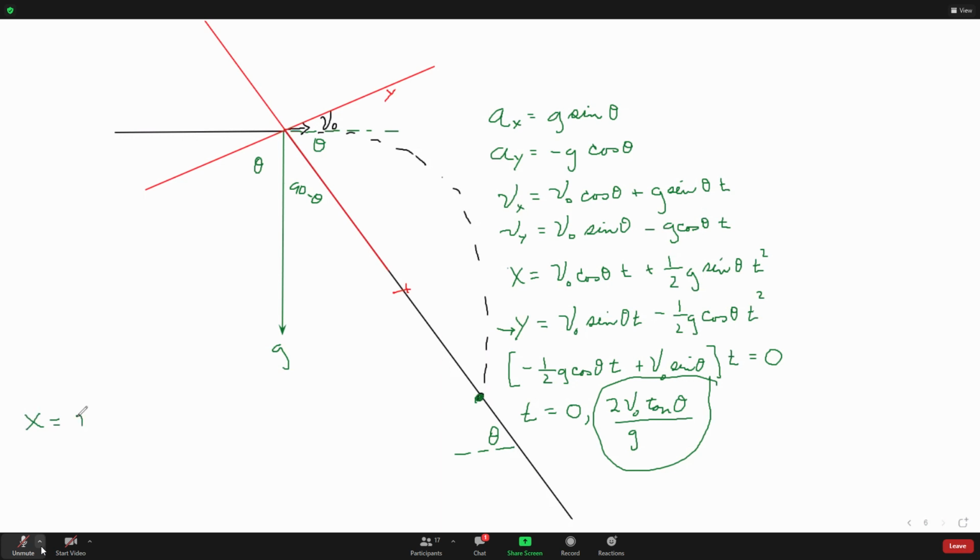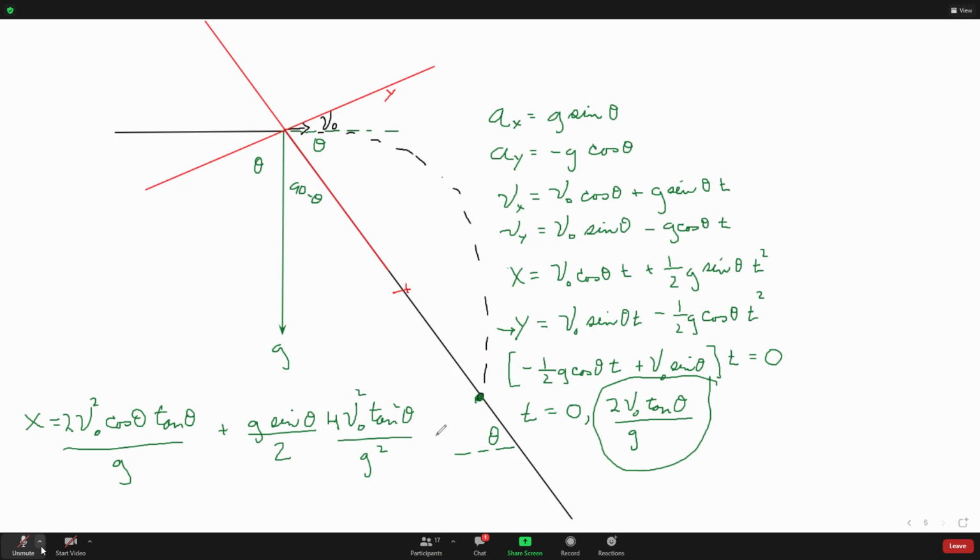X equals V0 cosine theta times 2V0 tangent theta divided by G plus G sine theta over 2 times t squared, which is 4 V naught squared tangent squared theta over G squared. Okay, and that can be simplified.